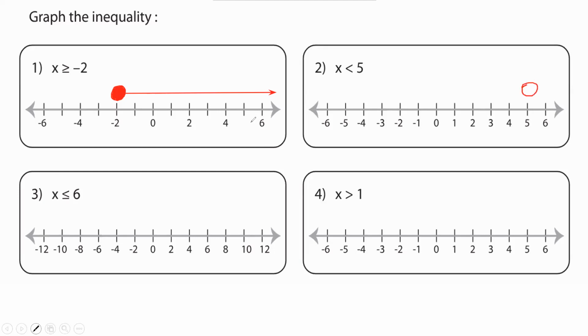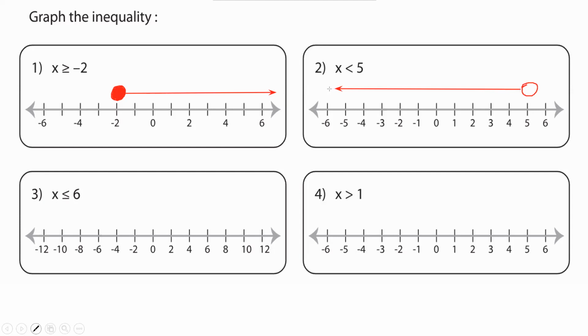And then we're going to draw a line that goes to the left or to the right? To the left, very good.